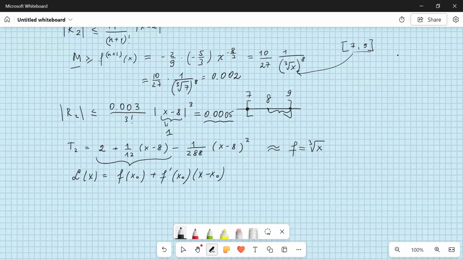If you compare, that's a value, that's a derivative, and that's x minus x0. So the first two terms are the linearization, and the rest improves this linearization to get closer to the value of the function or on a longer interval.